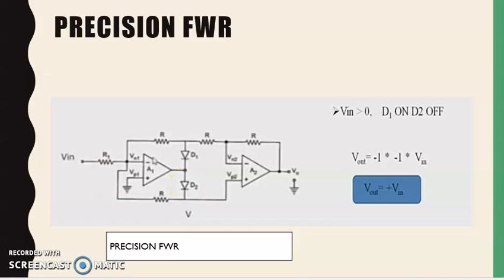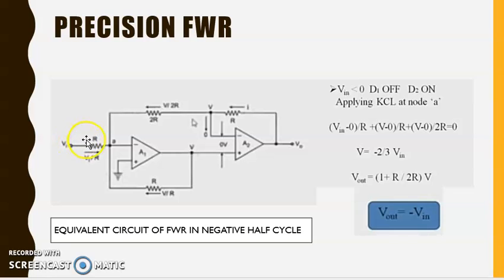In the negative half cycle, D1 acts as open circuit due to being reverse biased, and we show D2 as a closed circuit because it acts as forward biased and conducts the signal. Here we give the input in V1. When V1 is smaller than 0, D1 will be off and D2 is on. As I told, D1 acts as open circuit and D2 acts as closed circuit.